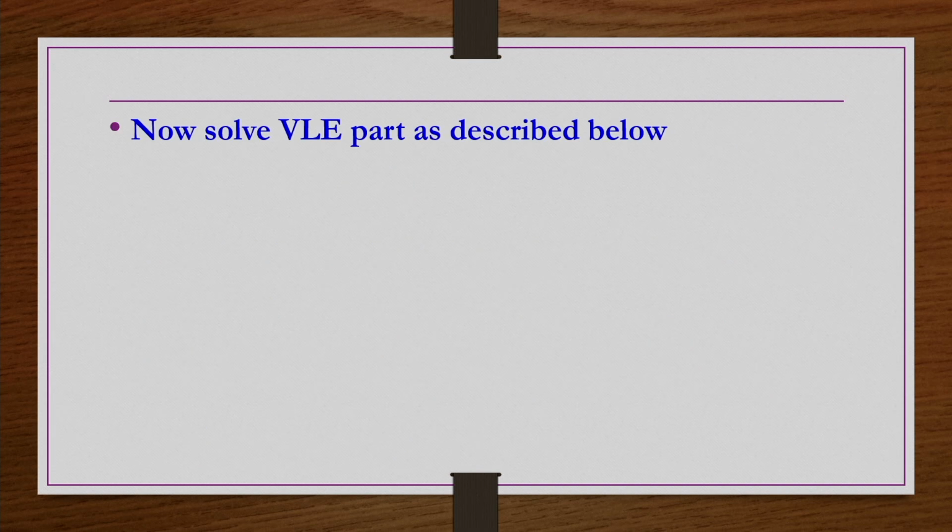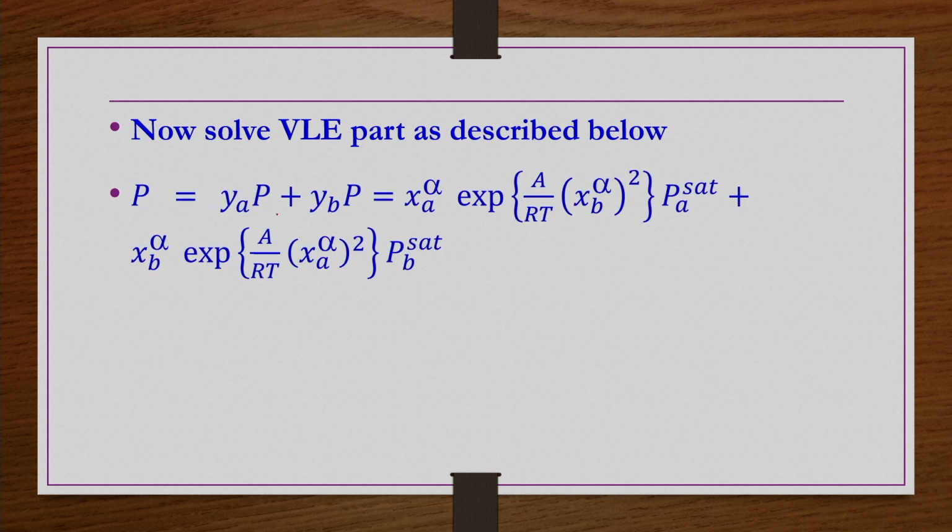Now, solve the VLE part as described below. What you can do is take two equations, P is equal to YA P plus YB P, which is equal to this one plus this part.